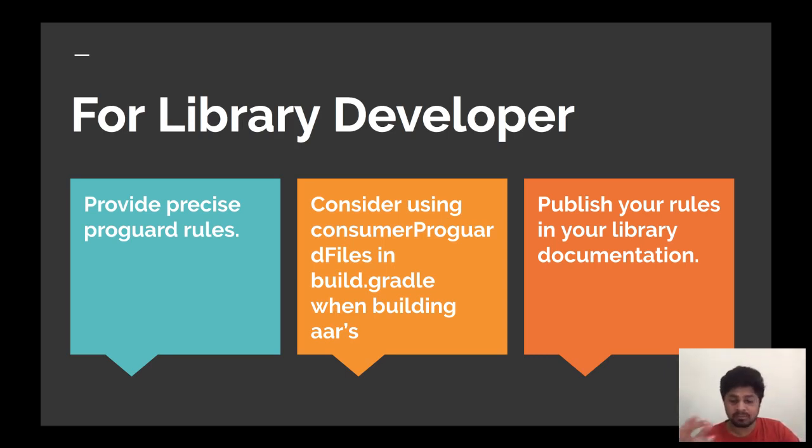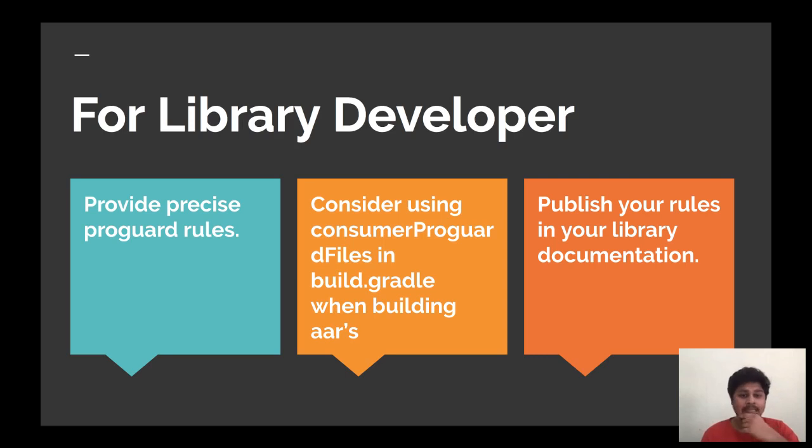And whenever the build process happens, it keeps in mind all the keep rules mentioned in the consumer ProGuard rules. So the client side doesn't have to worry about anything specific.